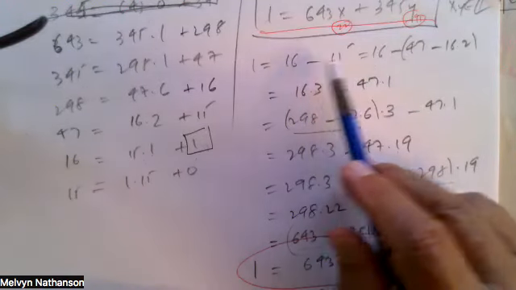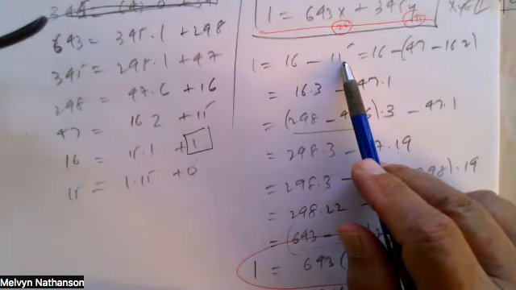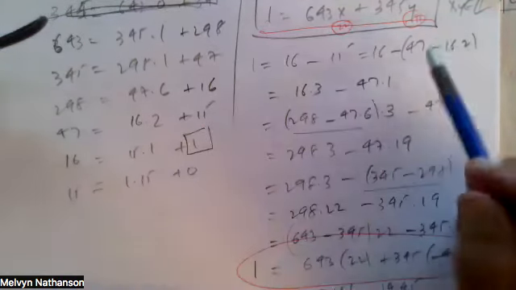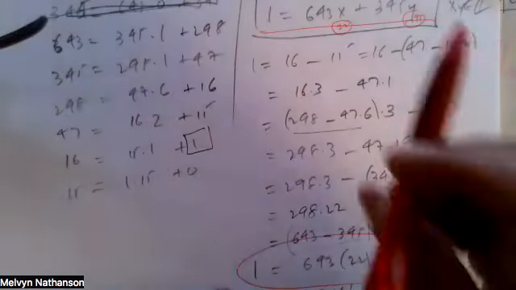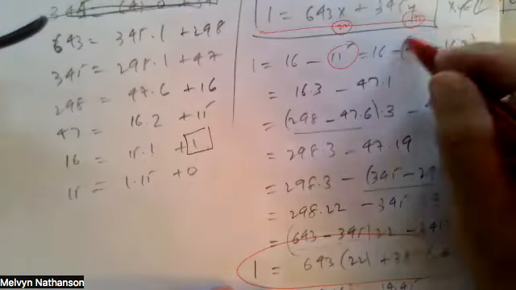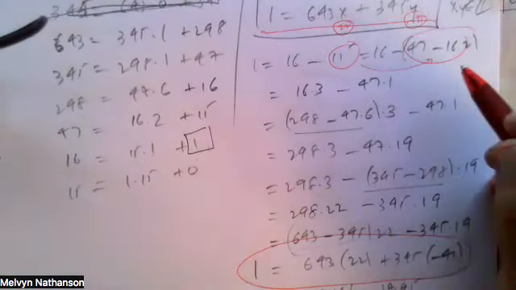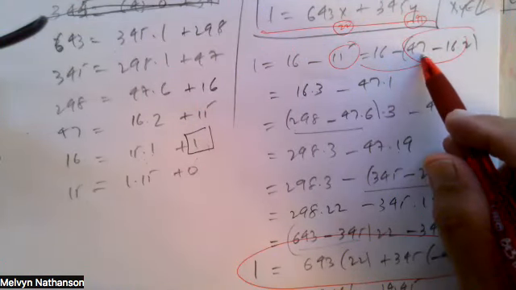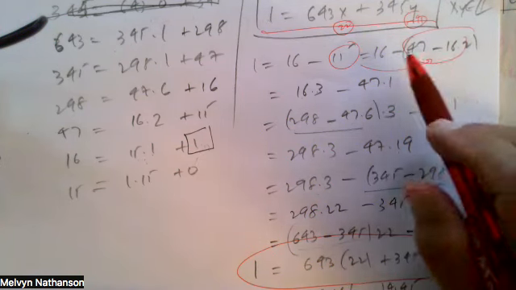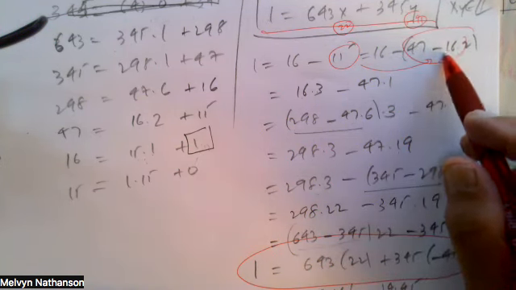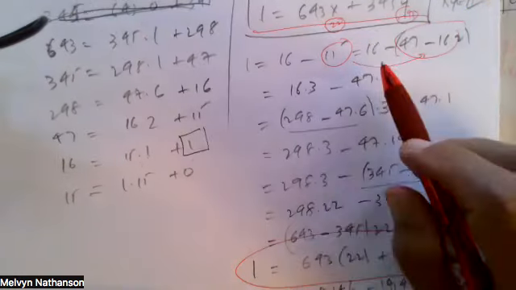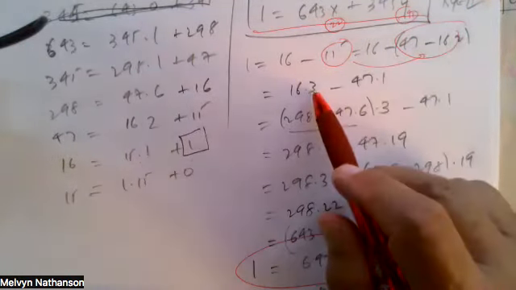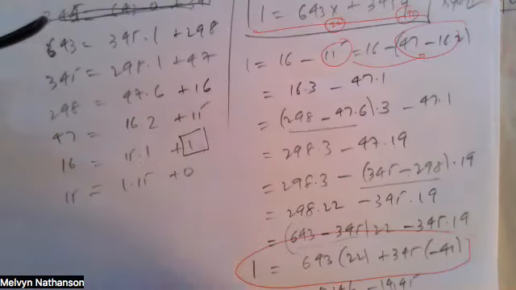So I have 1 is 16 minus 15, right? But 15 is 47 minus 16 times 2. So for 15, I replace that by 47 minus 16 times 2. This is minus 47, and plus minus times minus is plus 16 times 2. And here I have a 16. So if I have 1 16 and 2 16s, that gives me 3 16s. 1 plus 2 is 3.